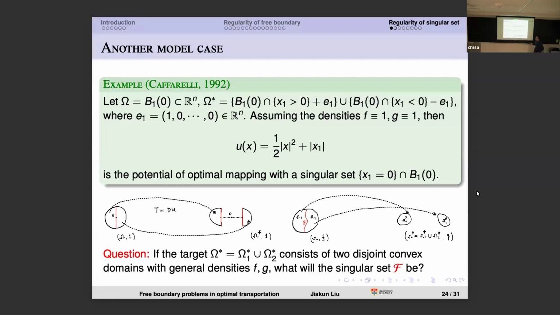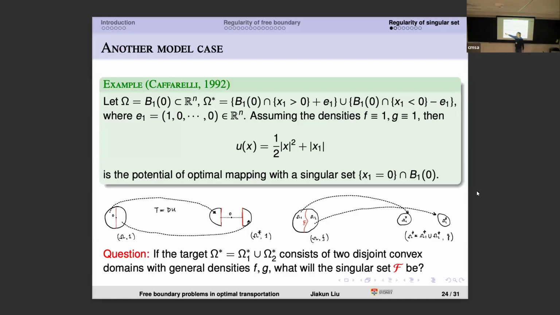Caffarelli says, if the domain omega is a unit disk, and the target is two half disks separated from each other, then explicitly the potential function is a quadratic function plus the absolute value of x1. If you calculate the gradient, it is the identity mapping plus the sign of x1.